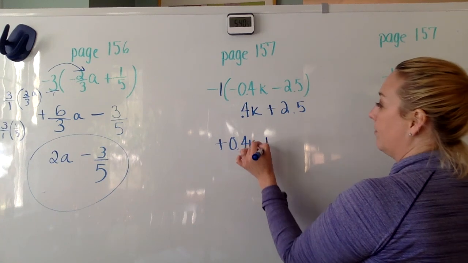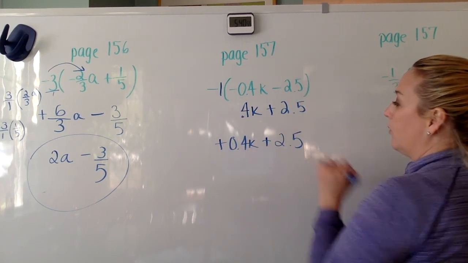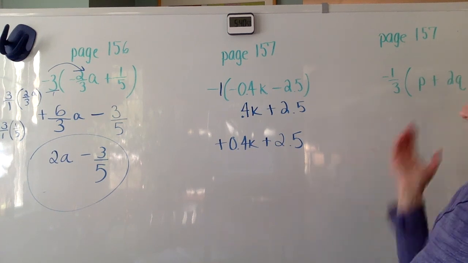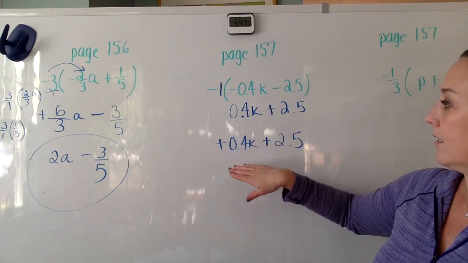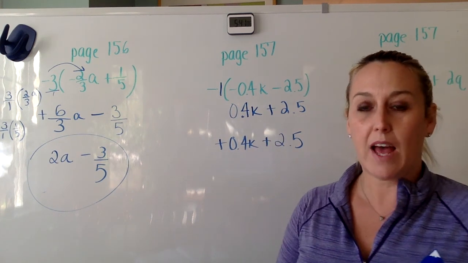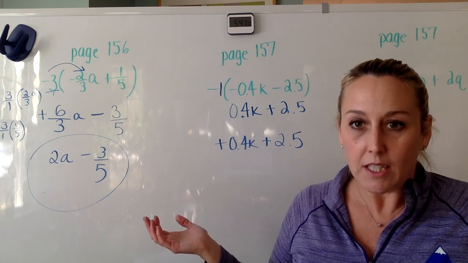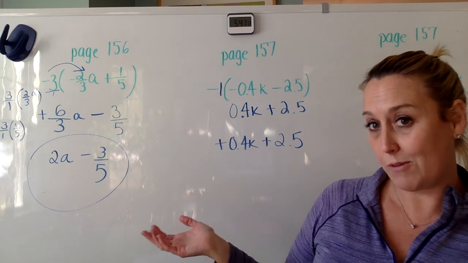Negative times a negative is a positive. That 1 doesn't change the value of that decimal, and it literally is the same thing. Answer to this is 4/10 k plus 2.5. Isn't that so easy? Now do you believe me? Because I didn't just tell you it was the opposite. I showed you why mathematically it works.